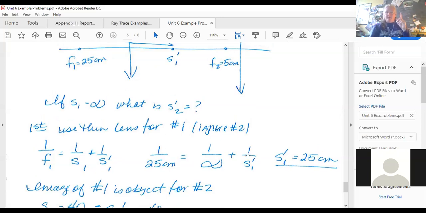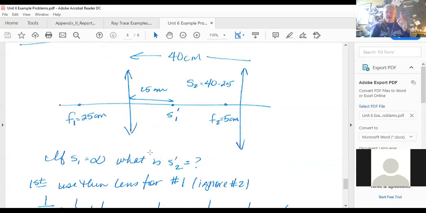But now, that becomes the object for the second lens. So now I'm going to ignore lens 1 and only look at lens number 2. I need to find where the first image formed relative to the second lens.